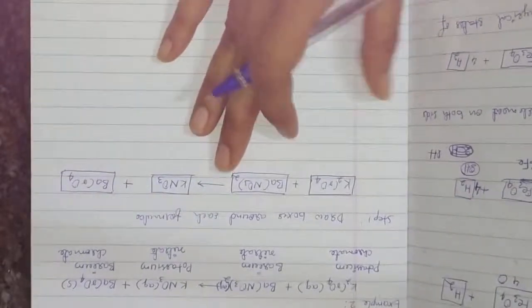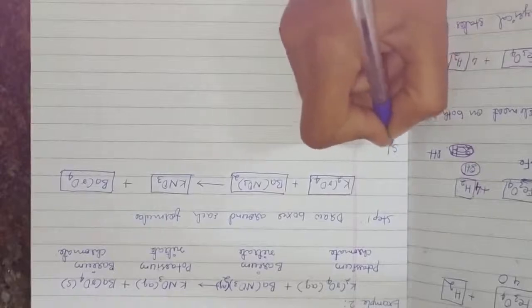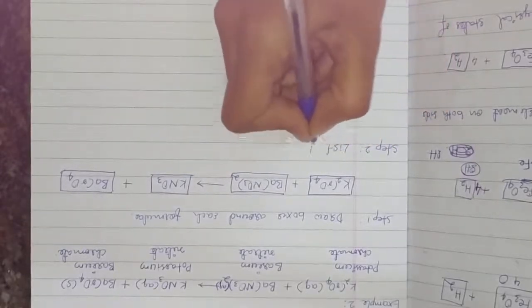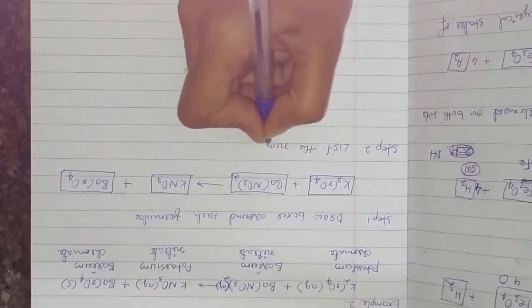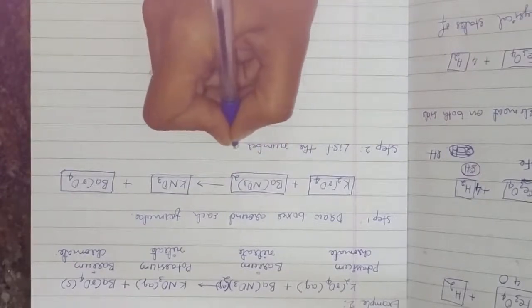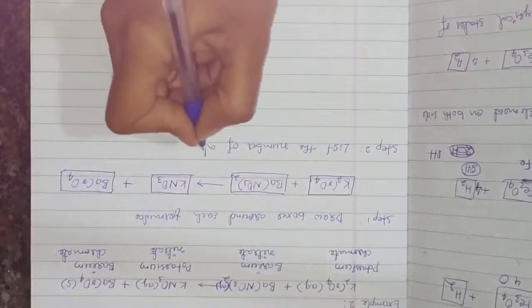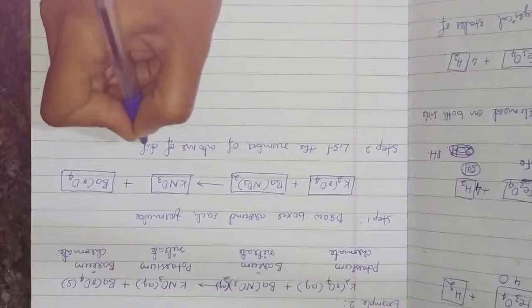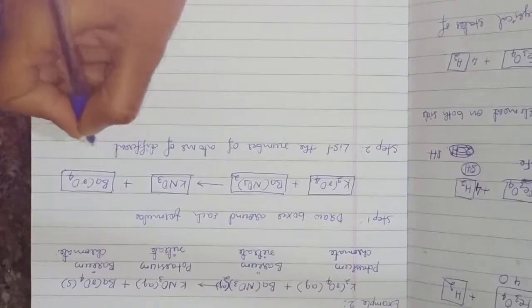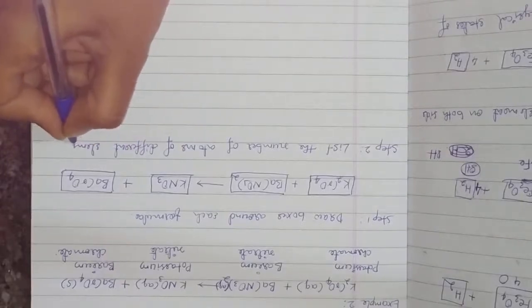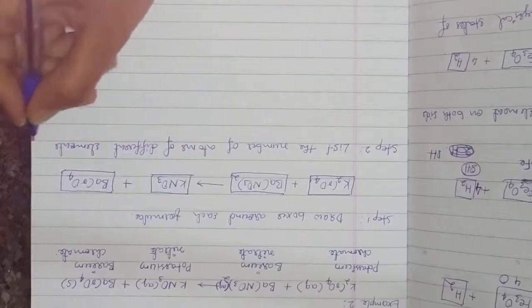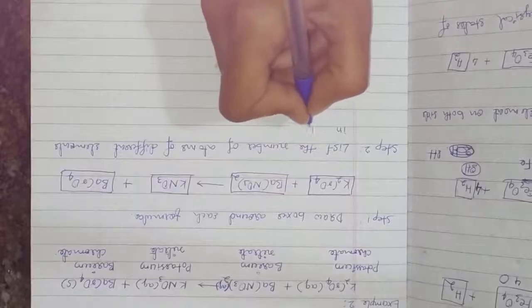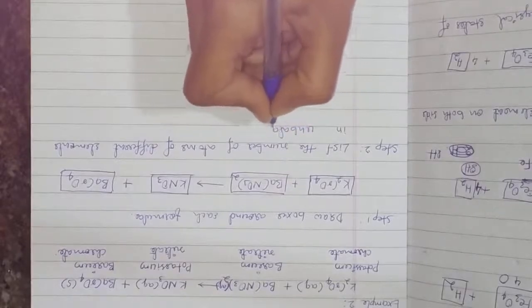Okay, next, step 2: list the number of atoms of different elements in the unbalanced equation.